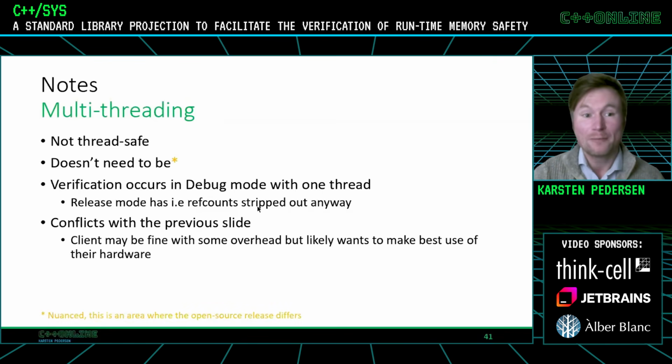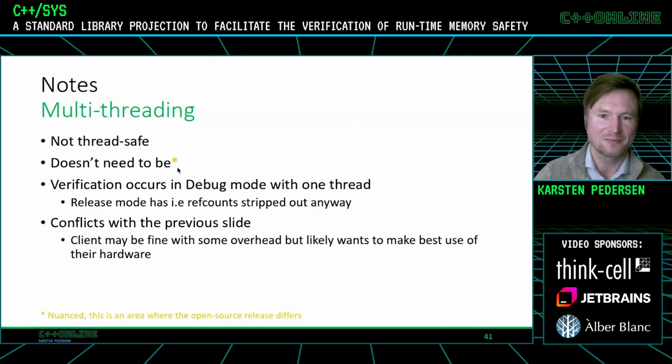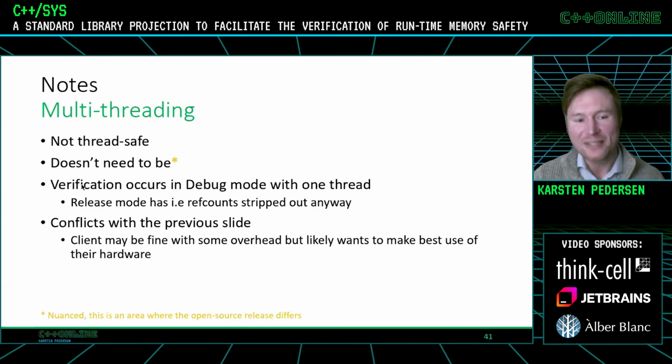So importantly then, multi-threading: it's not at all thread safe, but it doesn't really have to be. I know this is debatable, and we do have a thread safe version, but I want to avoid that because it adds complexity. Essentially, verification occurs in debug mode, and you can then just have one thread in debug mode.